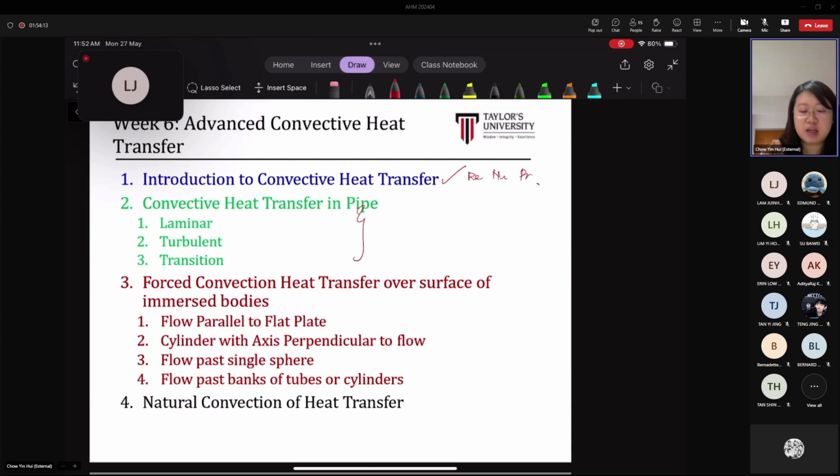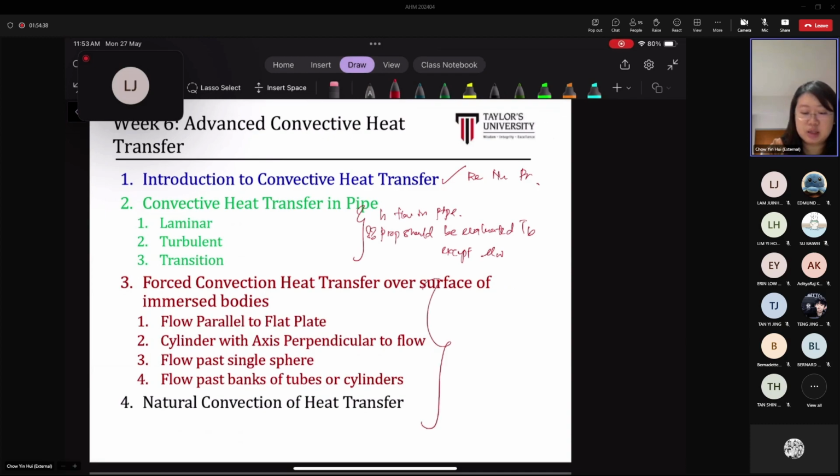And we have also looked at the correlation for calculating the H value for flow in pipe, for the laminar, turbulent, and transition region. So take note, a very important thing: the properties should be evaluated at the bulk fluid temperature, except for the viscosity at the wall temperature.